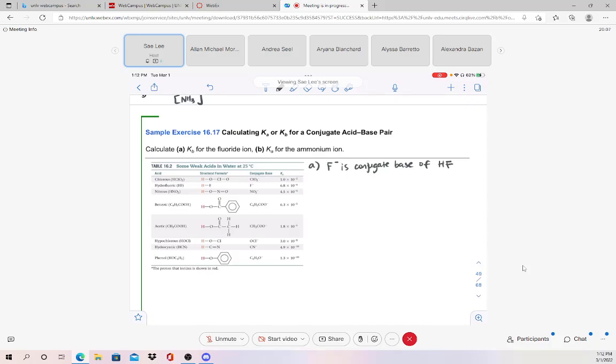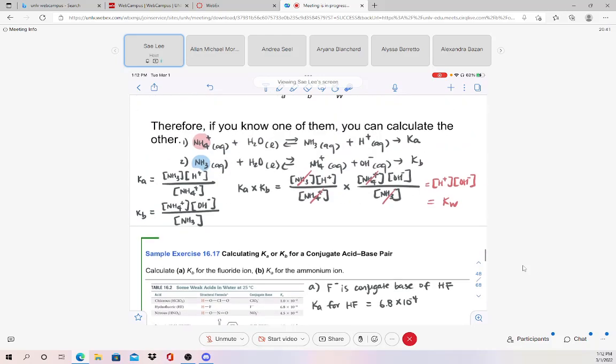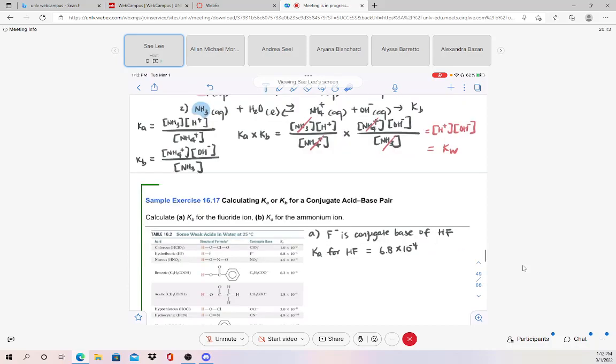So we can find its published known Ka value from table 16.2. The Ka value for hydrofluoric acid, as you can see from here, is 6.8 times 10 to the negative 4. We can easily find Kb for this conjugate base by utilizing this equation up here.